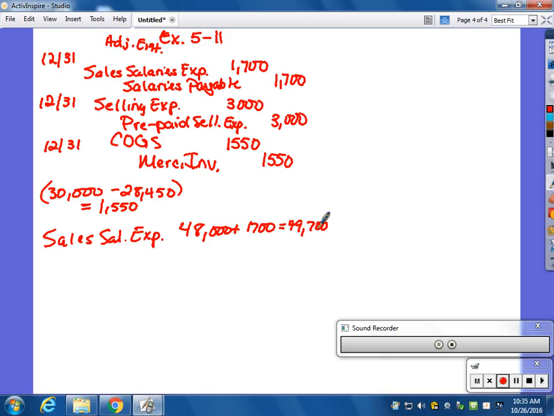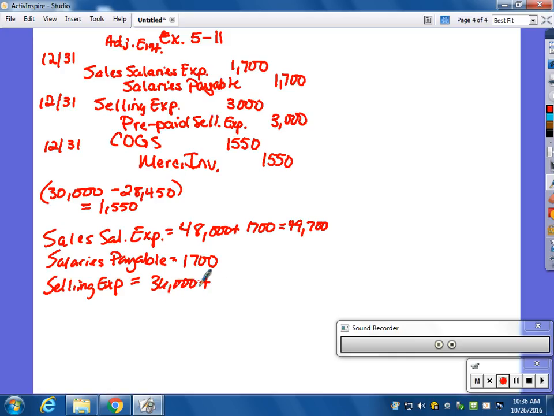What about selling expenses? Yeah, 36. Selling expenses started off with what now? 36,000. 36,000, and then we added what? 3,000, which means it's now 39,000 is the new balance.